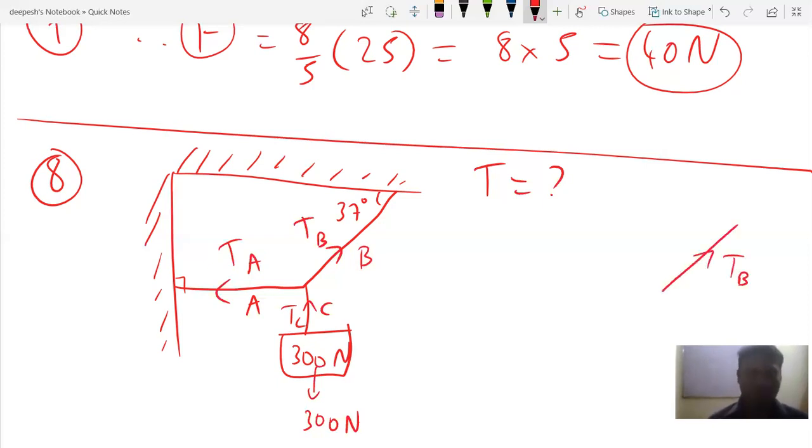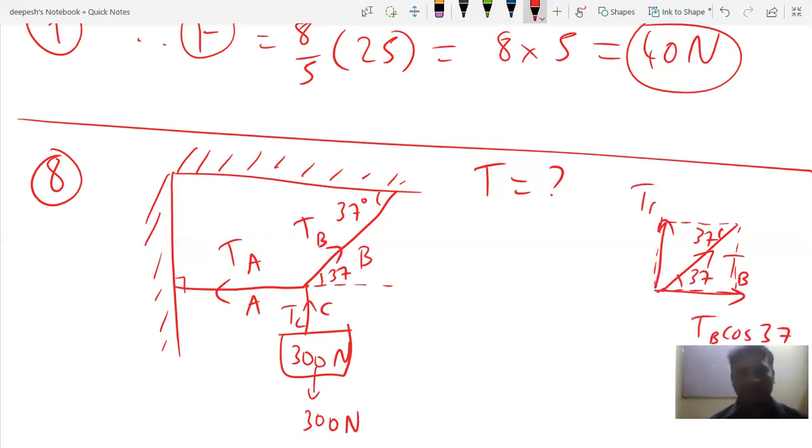So let us first resolve TB. So if we see carefully, this angle is 37. So this angle will also come out to be 37 by alternate angles. So if I have this as 37, I can resolve TB as TB cos 37 along horizontal and TB sin 37 along vertical. So TB cos 37 and TB sin 37 I have resolved.